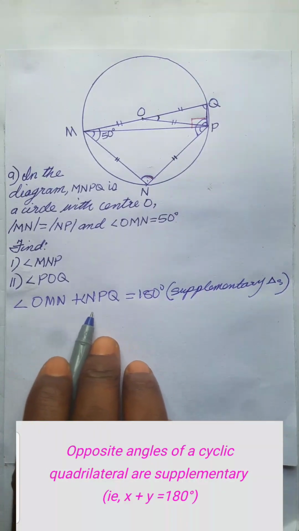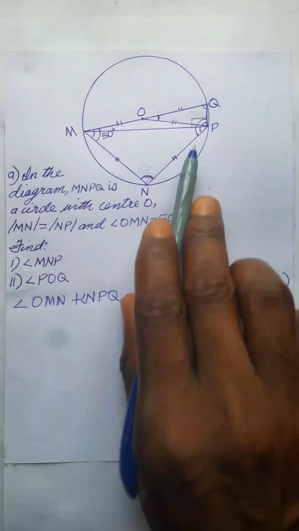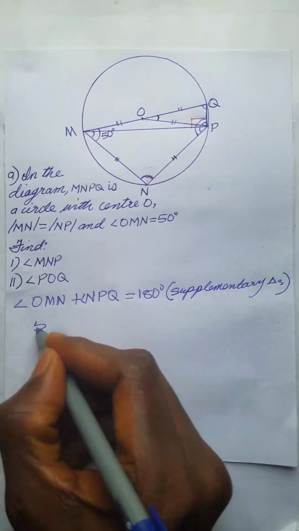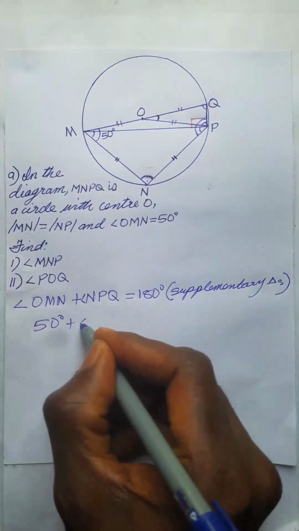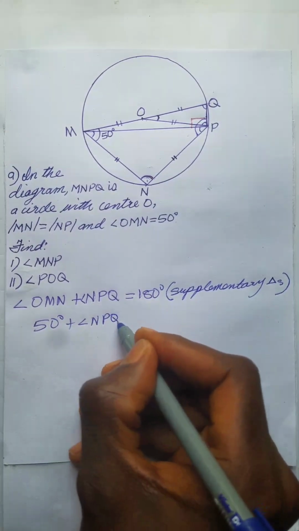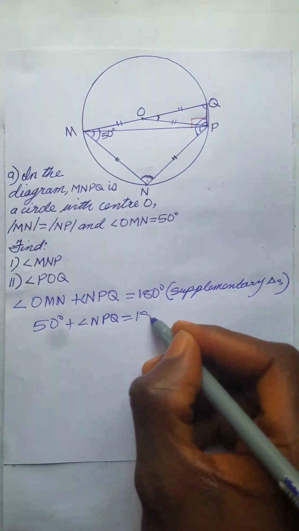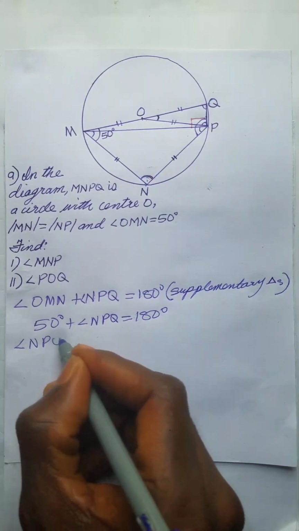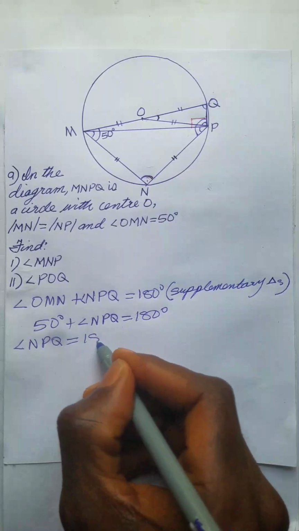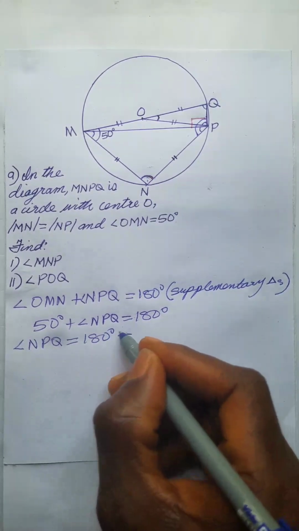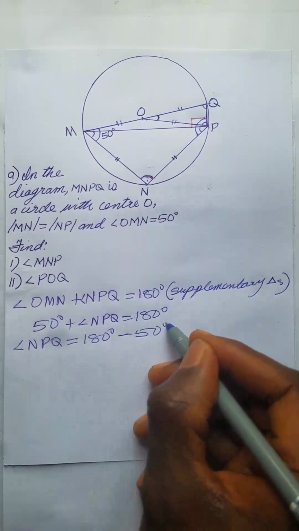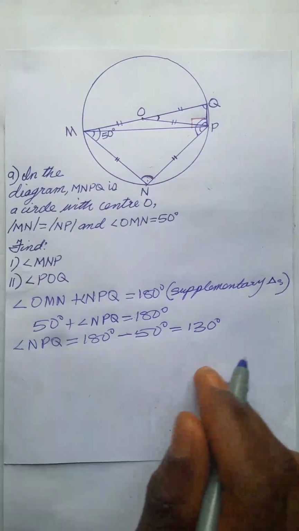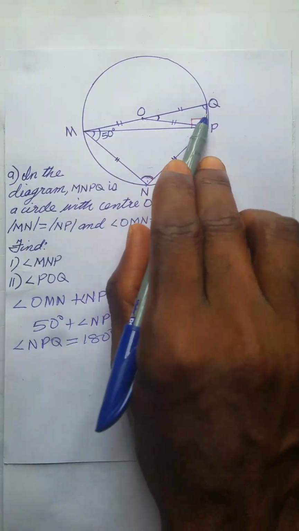Now remember I'm trying to find this angle. This is 50 degrees plus angle NPQ is equal to 180 degrees. Then angle NPQ is going to give me 180 degrees minus 50 degrees, which is equal to 130 degrees. So this entire place is 130 degrees.